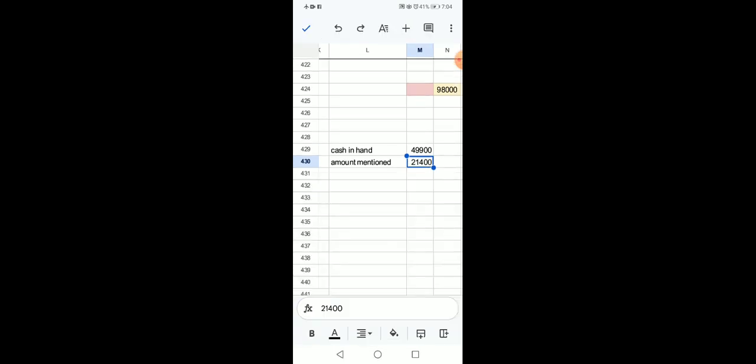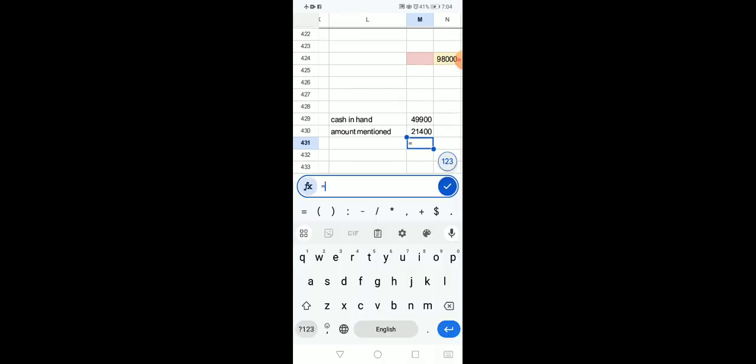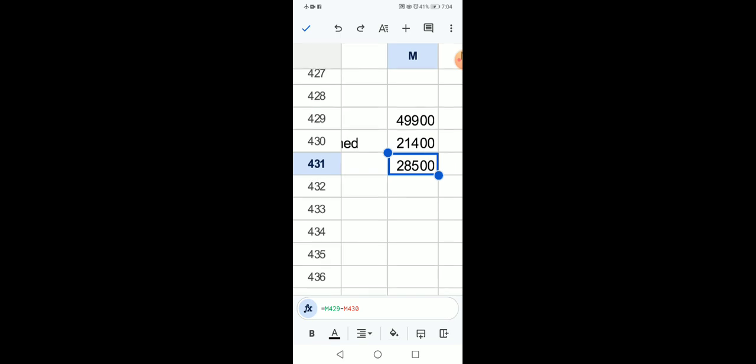Now let me know how much amount is more than 21,400 if you have cash of 49,900. For this you will just subtract 21,400 from 49,900. 49,900 minus 21,400, you will get the amount which is more than 21,400. So this is the amount which needs to be deposited into the bank.